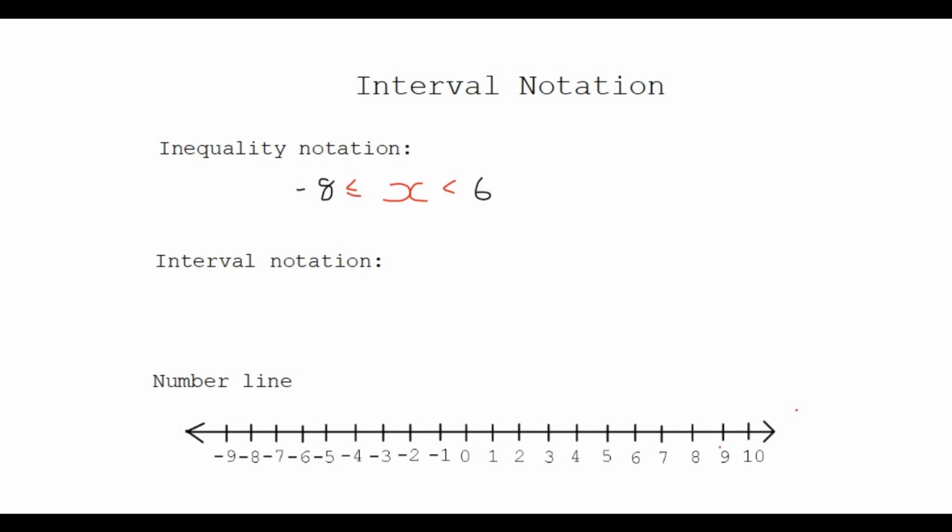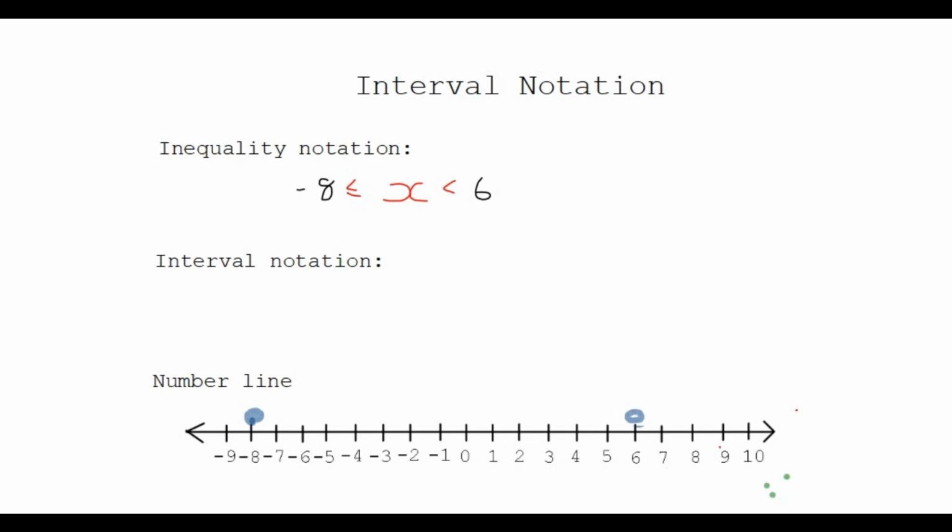So what that would actually look like is, if we look at our number line down here, we say, okay, cool, where are we starting? Well, we are starting at -8, and it's included, so we can color that dot in. And where do we finish? We finish at 6. Why do I say where do we start and where do we finish? Well, if we isolate this interval and just look at the x greater than -8 part, that looks exactly like the example we did before.